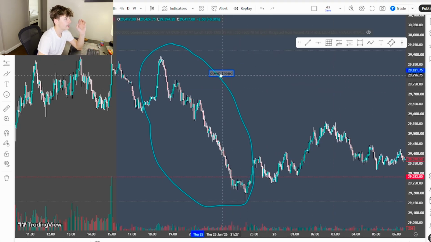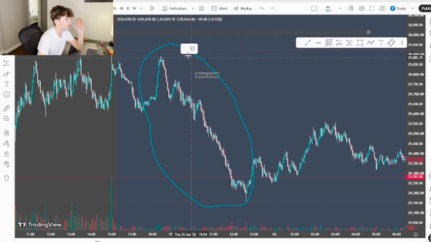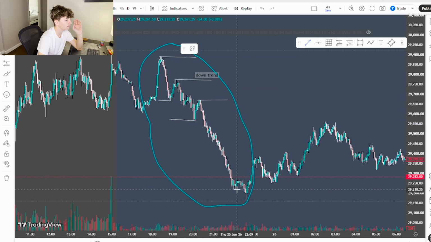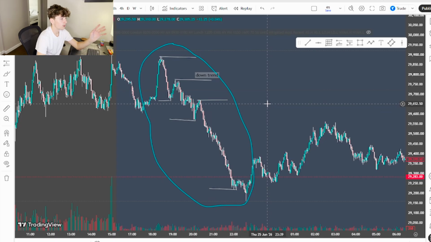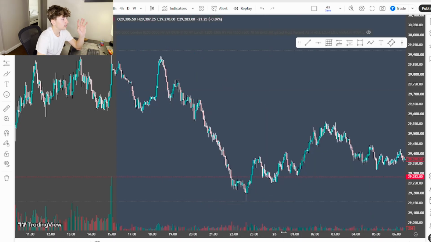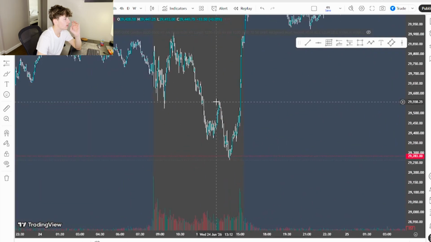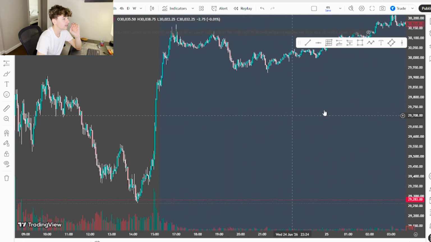We know that we are in a downtrend here because we are creating these lower highs and we are creating these lower lows here. Okay, so keep that in mind. That is a downtrend.